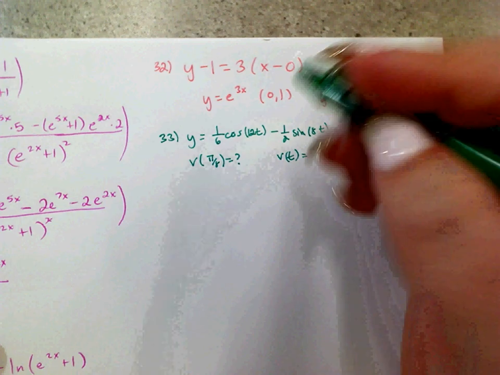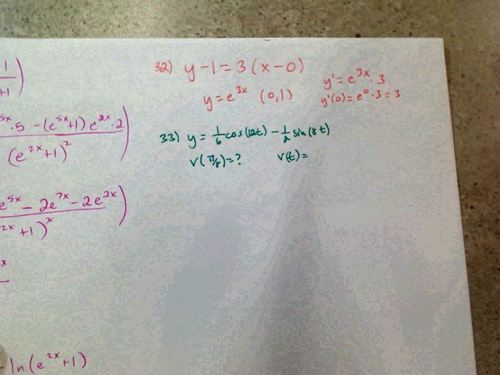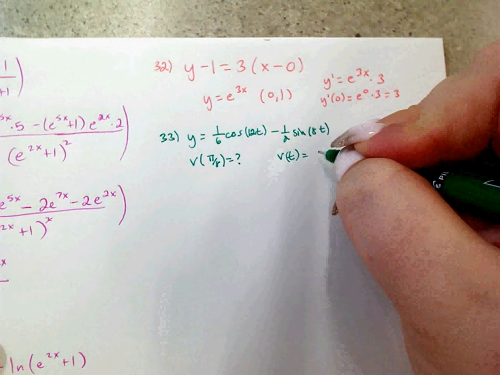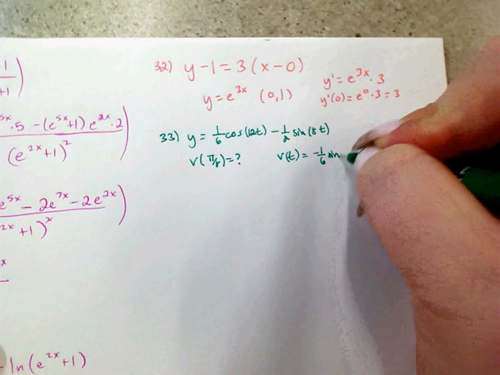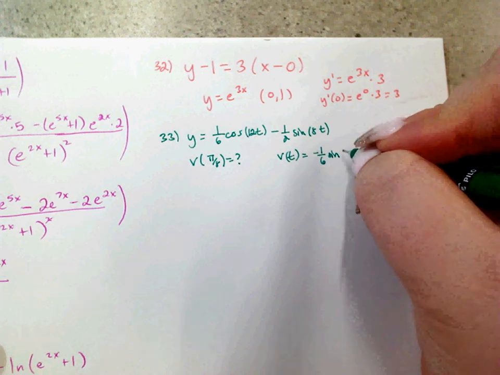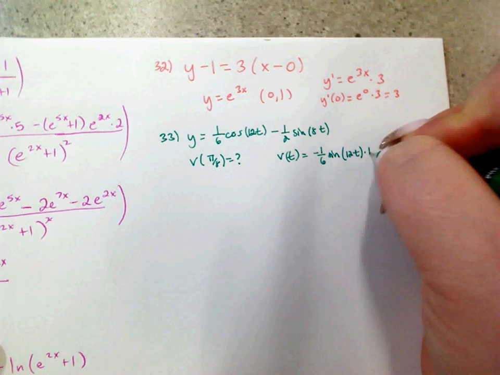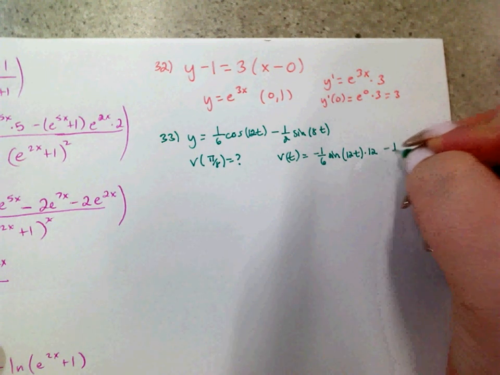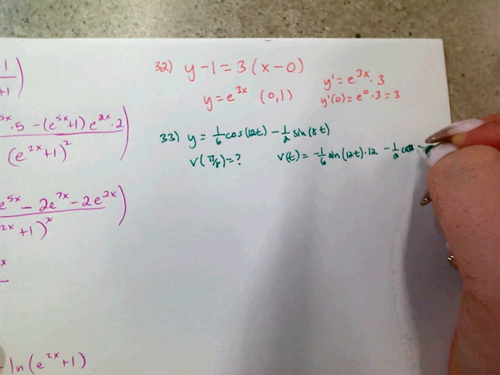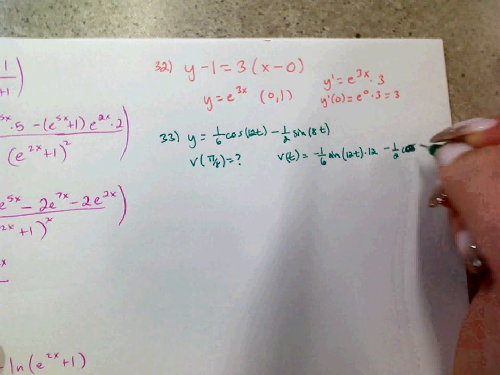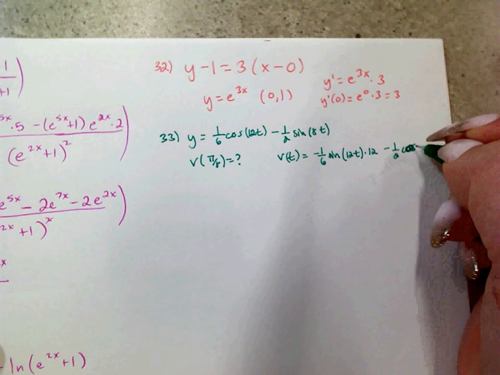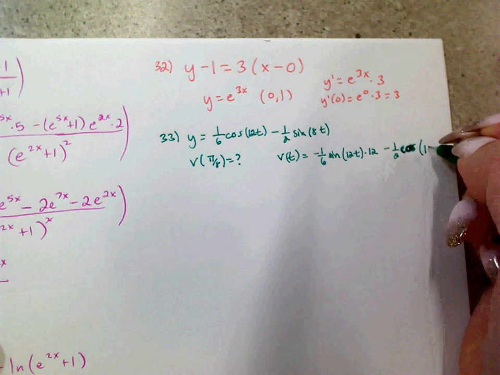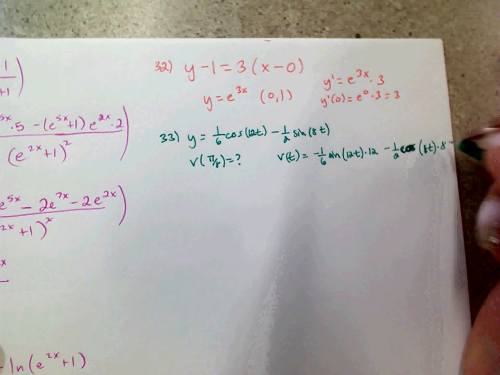Okay. The derivative of cosine is negative sine. This is cosine of 12t though, so it's a chain rule. So we say negative 1/6 sine, the derivative of the exterior, cosine is negative sine. Leave the interior alone, but then tack on the derivative of the interior, which is 12. The derivative of sine is cosine, so minus 1/2 cosine. Leave the interior alone, 8t, times the derivative of the interior, which is 8.